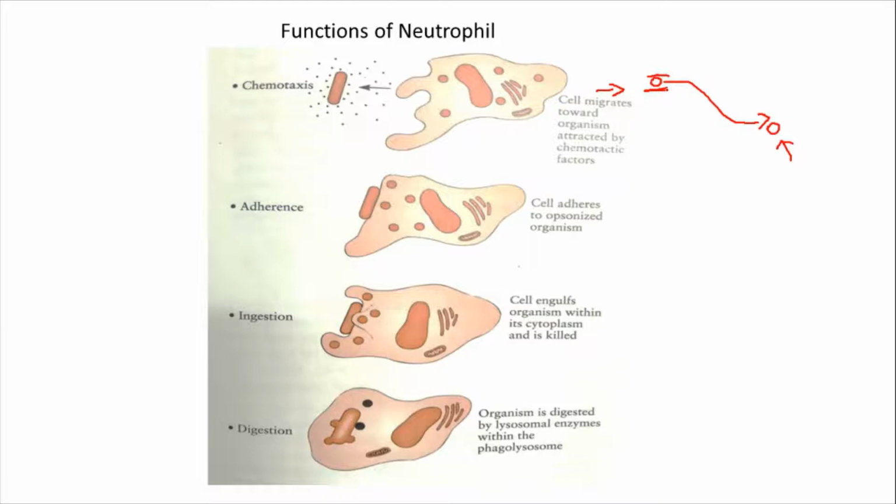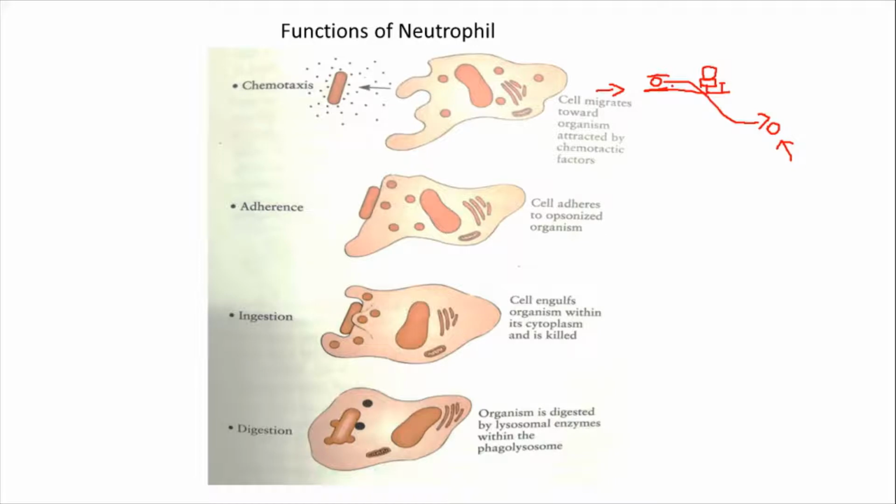The name of the protein is integrin. This is expressed in the endothelial cells. One more protein is expressed in the endothelial cell, called selectin. These selectin and integrin attract the neutrophils from the circulation.